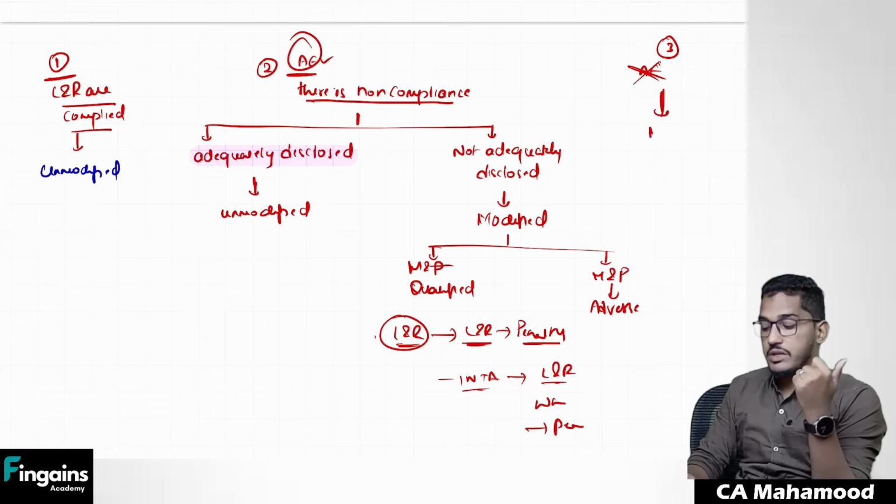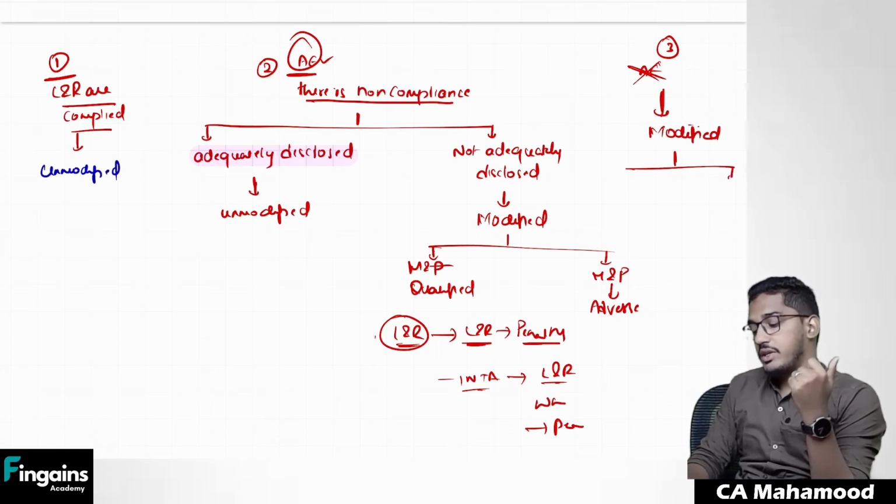Then what should you do? Then also you have to give a modified opinion. Since it is a case of non-availability of audit evidence, you will give either qualified or disclaimer. If the possible effect of that non-compliance is only material but not pervasive, you will give qualified. If you are unable to obtain audit evidence and the possible effect is material and also pervasive, you will give a disclaimer of opinion. Clear, everybody?